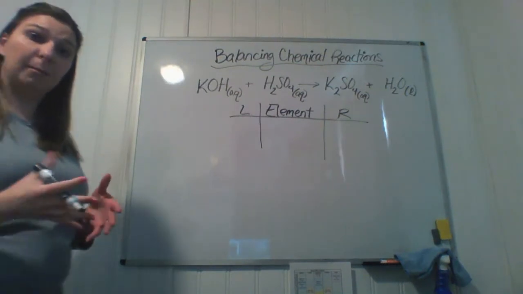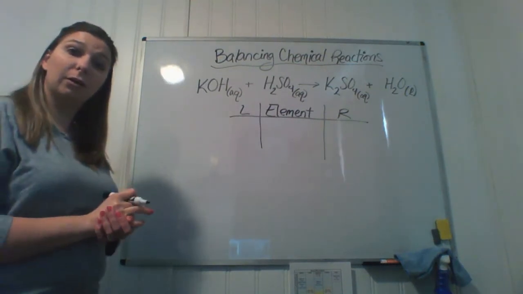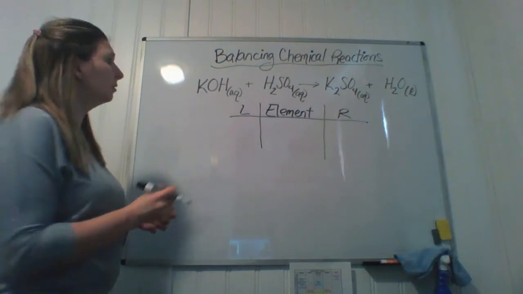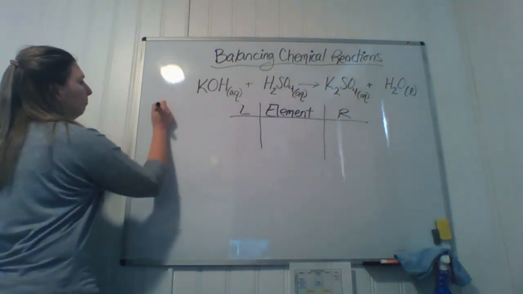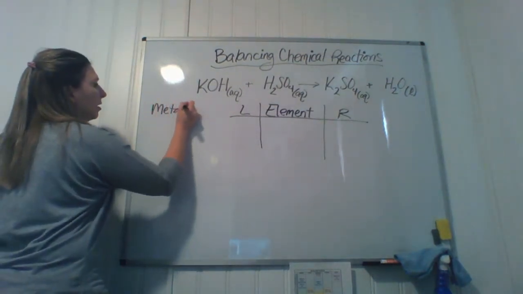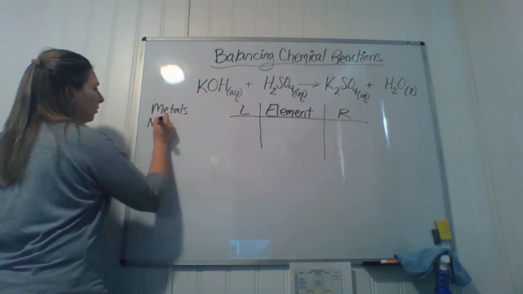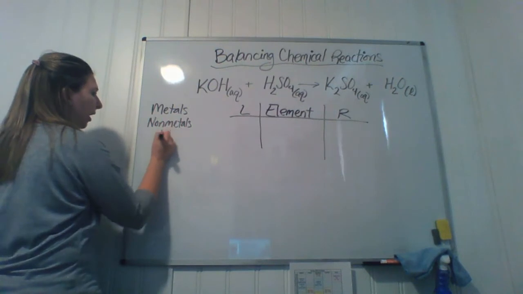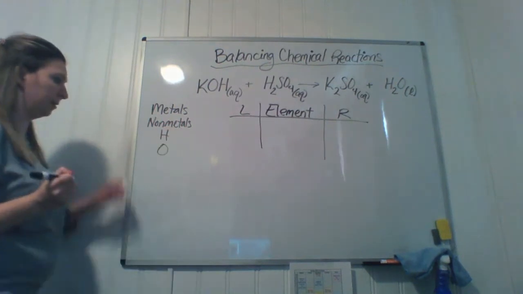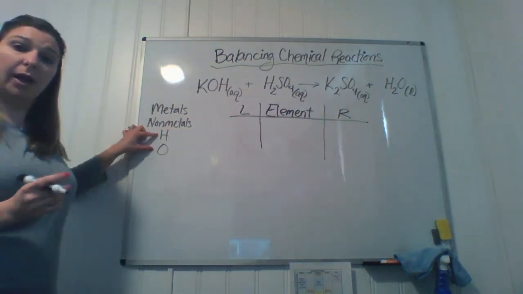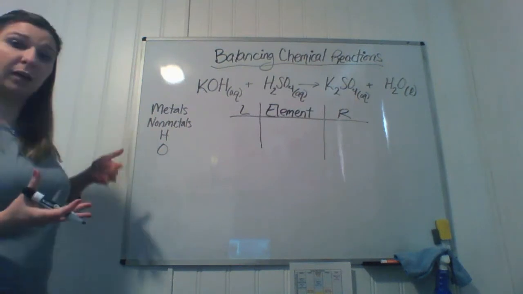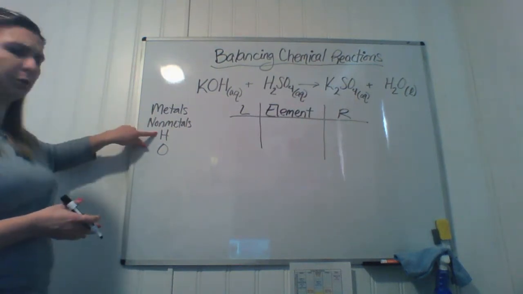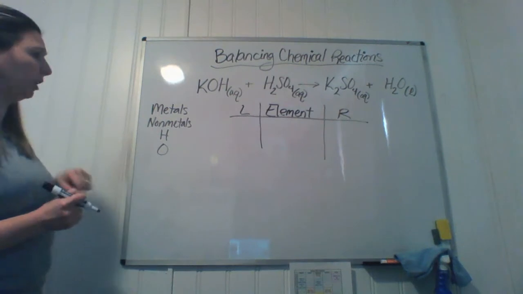Now, the rule of thumb that we are going to follow when balancing chemical equations is that you start with metals, then you move on to nonmetals, then you do hydrogen and oxygen last. These two, you can do in either order, but what I found to be quite helpful is to do hydrogen first and then oxygen.